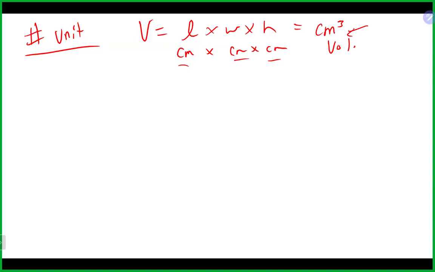While each of the individual measurements, like you'll do today in lab, centimeters, centimeters, centimeters, those are all length measurements. But when you multiply them together, you get a volume. A couple important volume ones: cubic centimeter is the same as a milliliter, and there's 1,000 milliliters in 1 liter. Those are some very common ones.